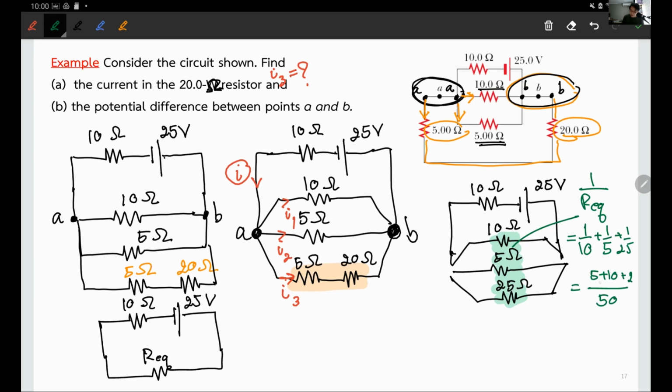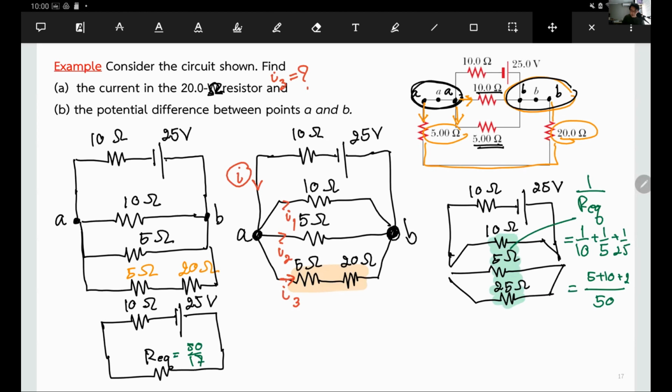So the equivalent resistance over here is going to give you 50 over 17. Wow, the number is bad. I don't like 17. Okay, that's prime. Okay, very good. So my math is correct, I hope. All right, so that's from the parallel connections within your circuit.